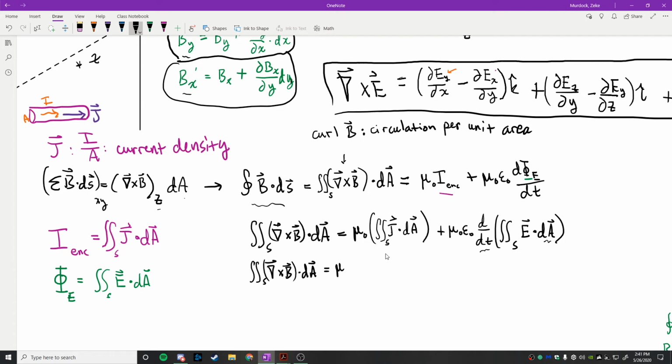It's basically mu naught multiplied by the surface integral of J dot dA plus epsilon naught multiplied by... can you guys see that? The right-hand side has the exact same format for the integral, so I can take the J and I can take the dE/dt, and I can basically just put them all in the same integral here.